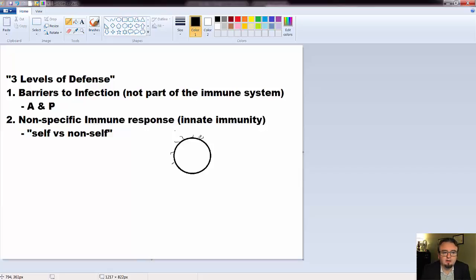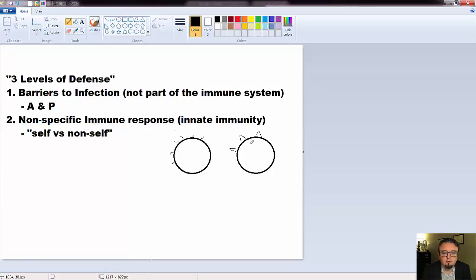So for example, just do a real basic drawing here, your body has cells that will have very specific receptors that are identical to your own body. So they might look like a kind of triangle shape, something like that here. Obviously, to clarify, they don't actually look like that at all, but you would have a unique shape to it.